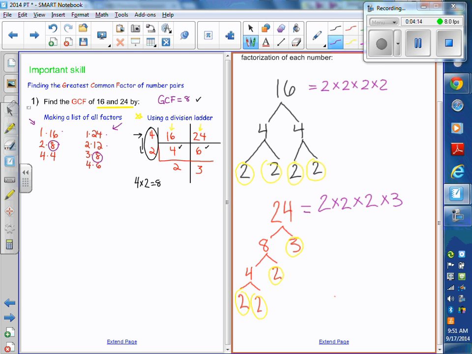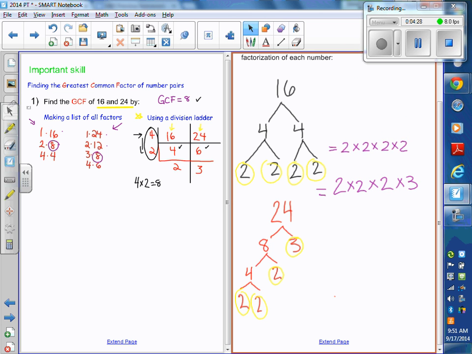To get the greatest common factor of 16 and 24 with factor trees, you take the prime factorization of each number, and I like to line them up, line up the things that are common, and separate the things that are not.